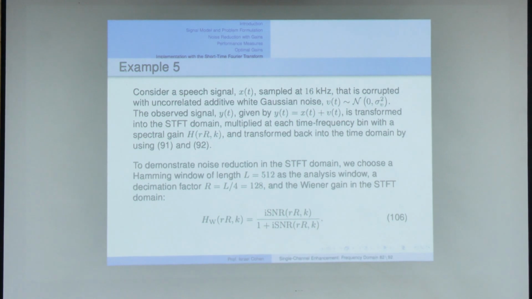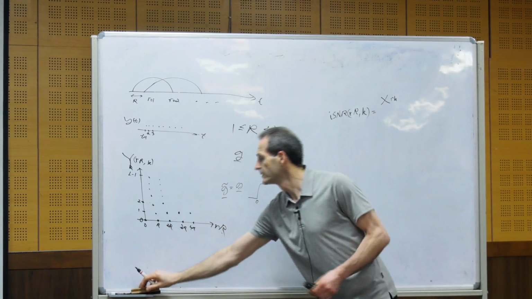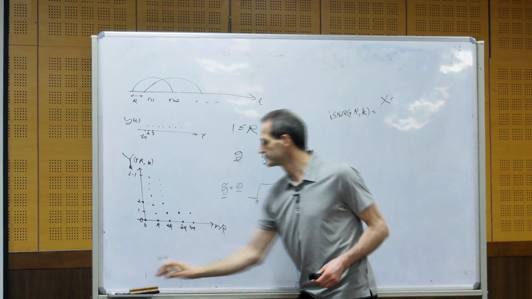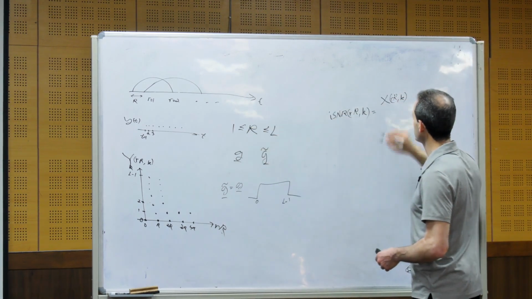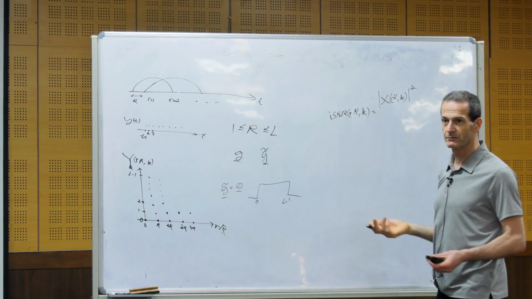So first, what you can do at home, you can take the code and try to put the input SNR for time frequency bin R and K. If I take something like an instantaneous input SNR, suppose that I take in the STFT domain X(R,K), the time frequency domain of the clean signal, and I take its magnitude squared without expectation, because I don't have it.